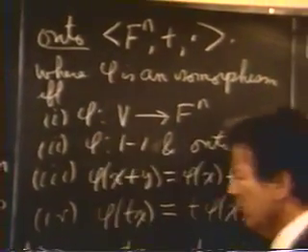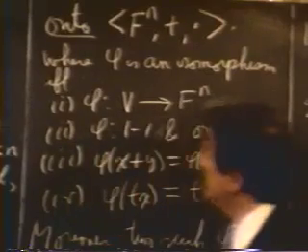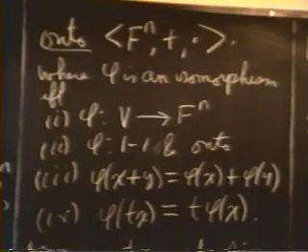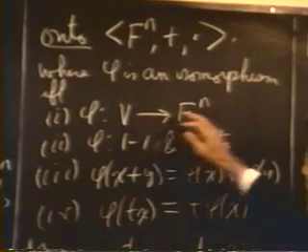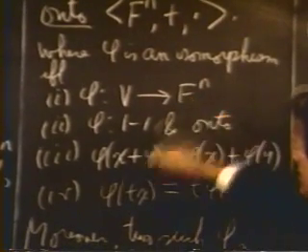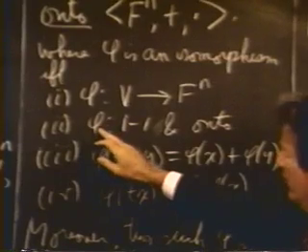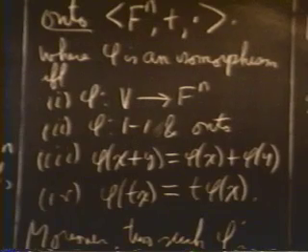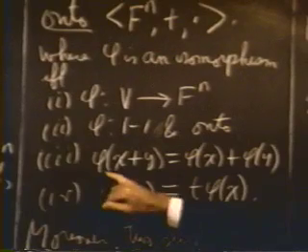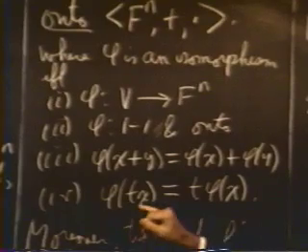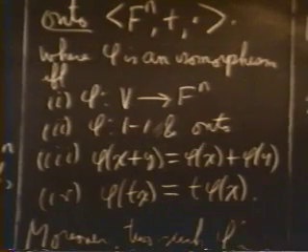And now this characterizes what we want to mean by saying that phi is an isomorphism, if and only if the following four conditions are satisfied. First, phi is a mapping of V into the Cartesian product F^n. Secondly, in order to be an isomorphism and not just a homomorphism, phi is 1-to-1 and onto. And third, the structural properties are preserved, namely 3, phi of x plus y is equal to phi of x plus phi of y, and 4, phi of tx is equal to t times phi of x.